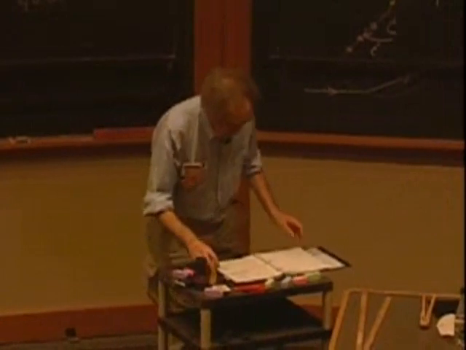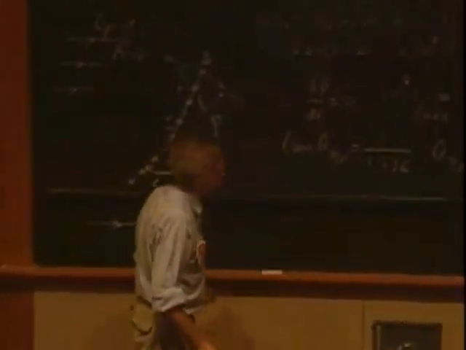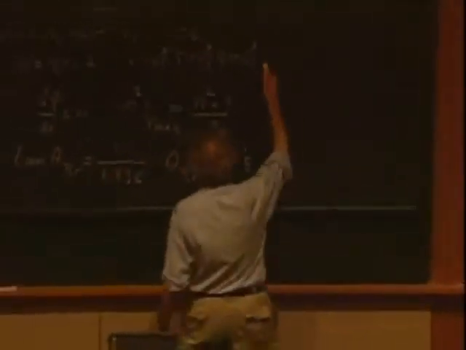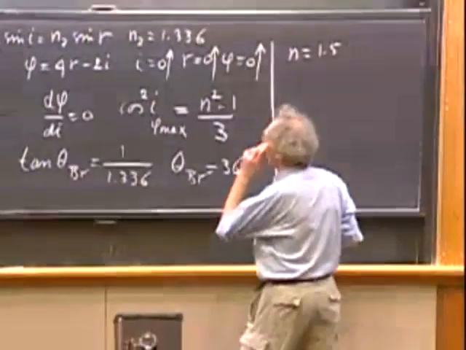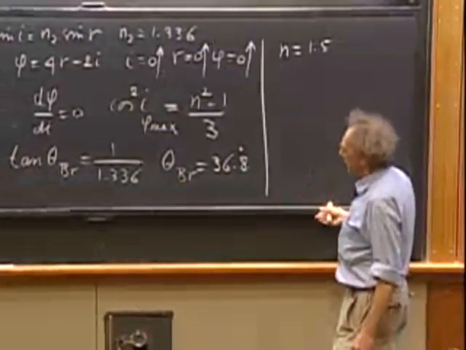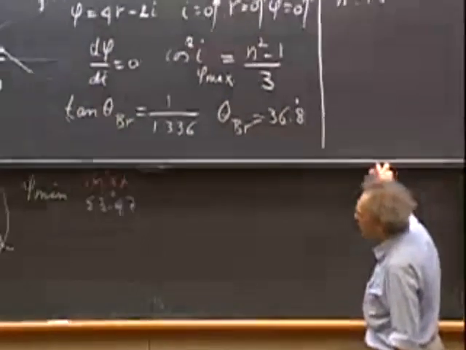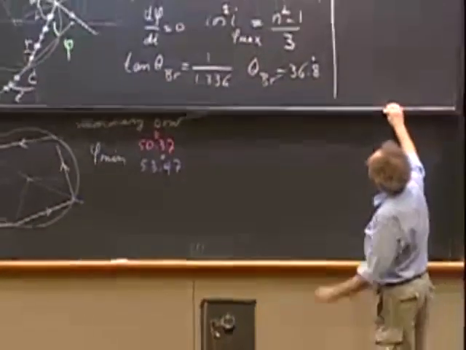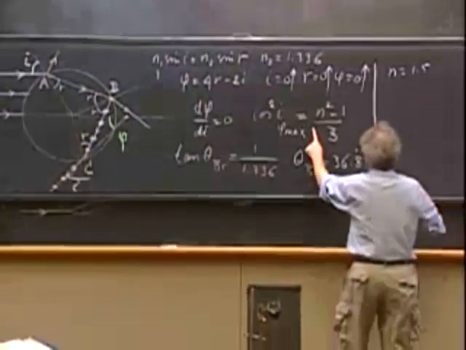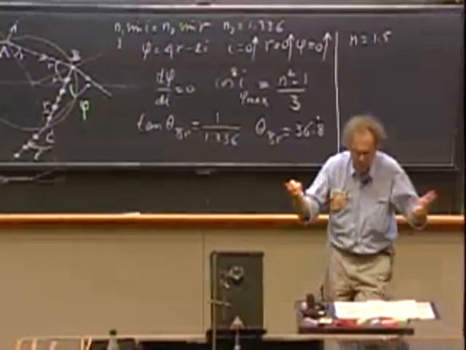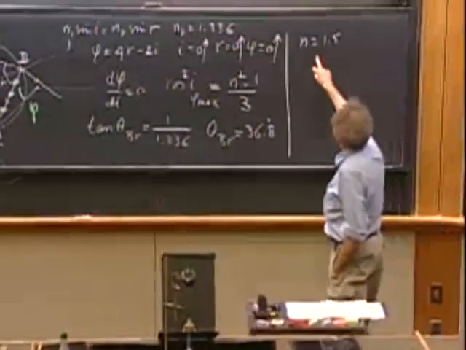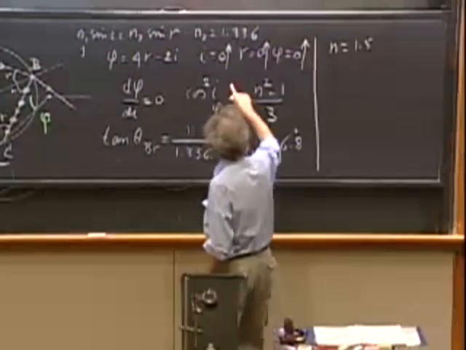So let's look at the physics. It doesn't take very much. If we take the index of refraction for glass, 1.5, and I use this equation, then I can calculate what the maximum angle of phi is. I'm not going to do it for different colors. I just take a mean value of 1.5. So I simply substitute 1.5 in this equation.